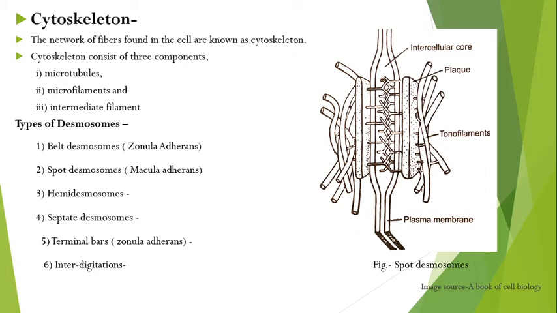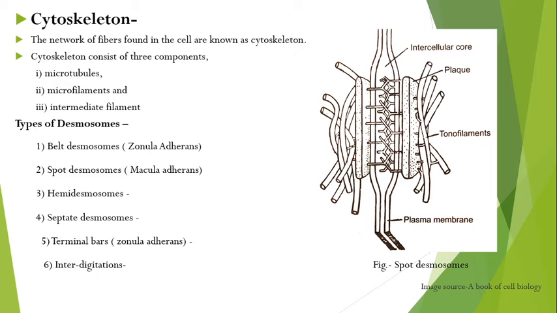The spot desmosome consists of a disc-shaped plaque of 0.5 micrometer diameter on the cytoplasmic surface of each cell membrane, and non-contractile tonofilaments, which form the structural framework of the cytoplasm, are attached to the plaque.